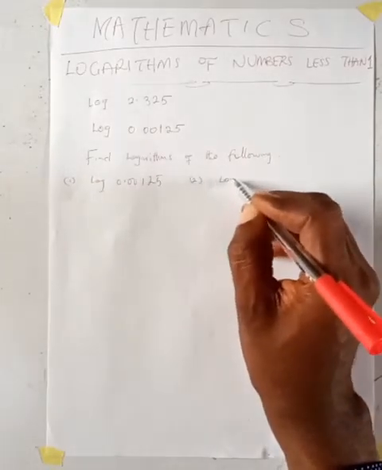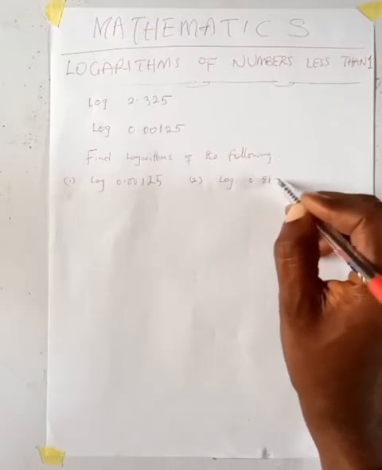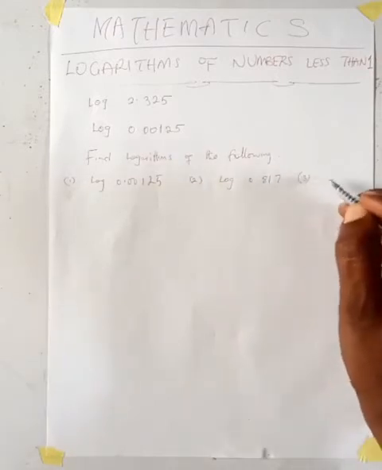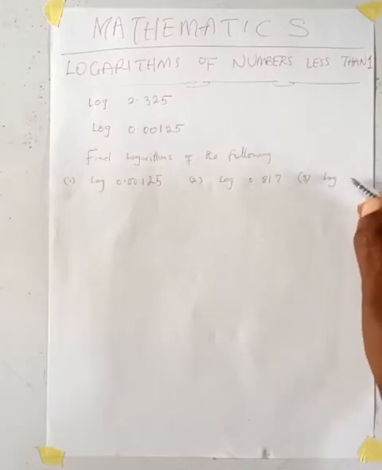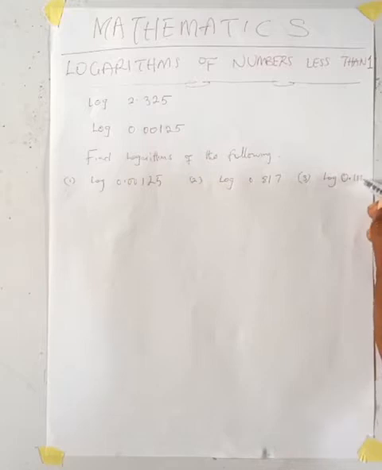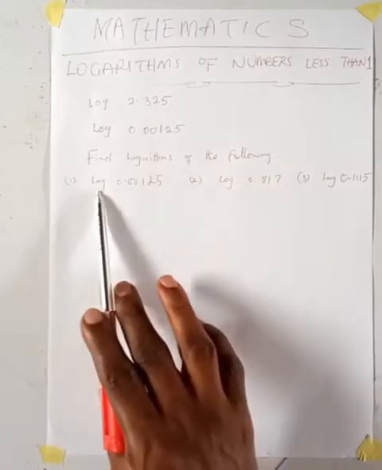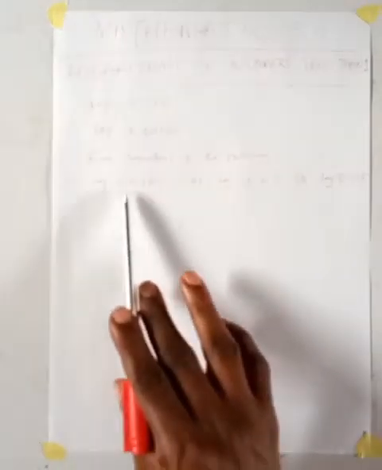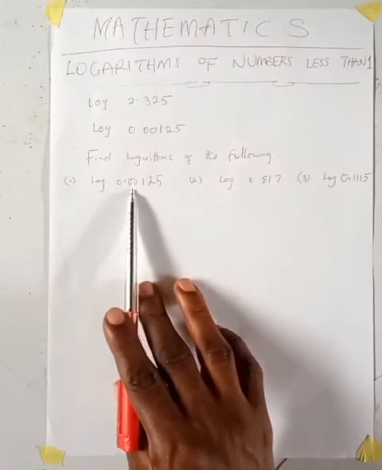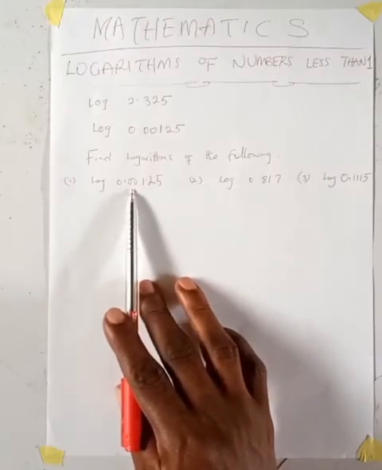Number 2, log 0.817, and number 3, log 0.1115. Now what we want to learn at the moment is not exactly finding the logarithm, but how to determine the characteristic of this logarithm. So that is the first aim of this class. We want to learn how to determine the characteristic of any number.